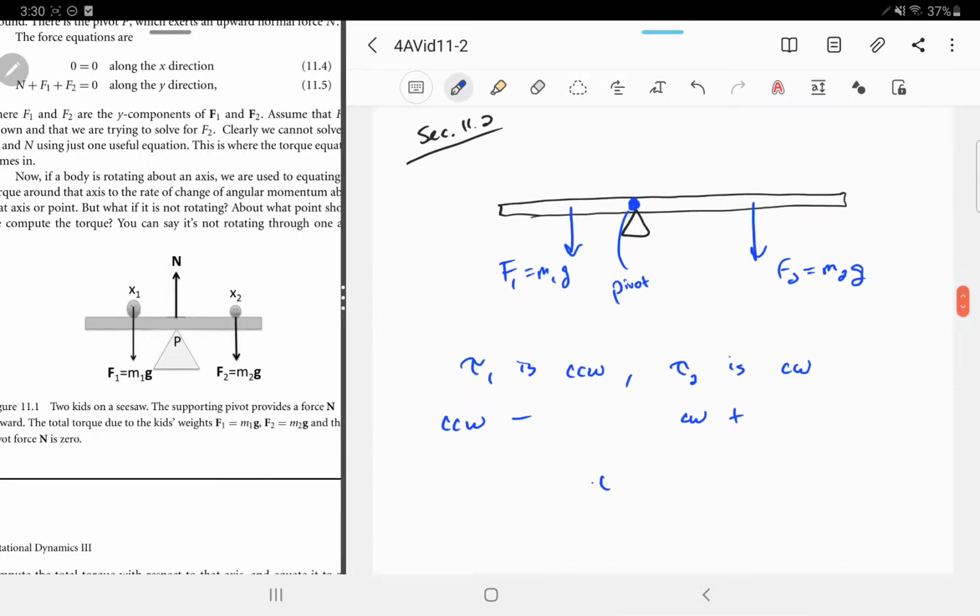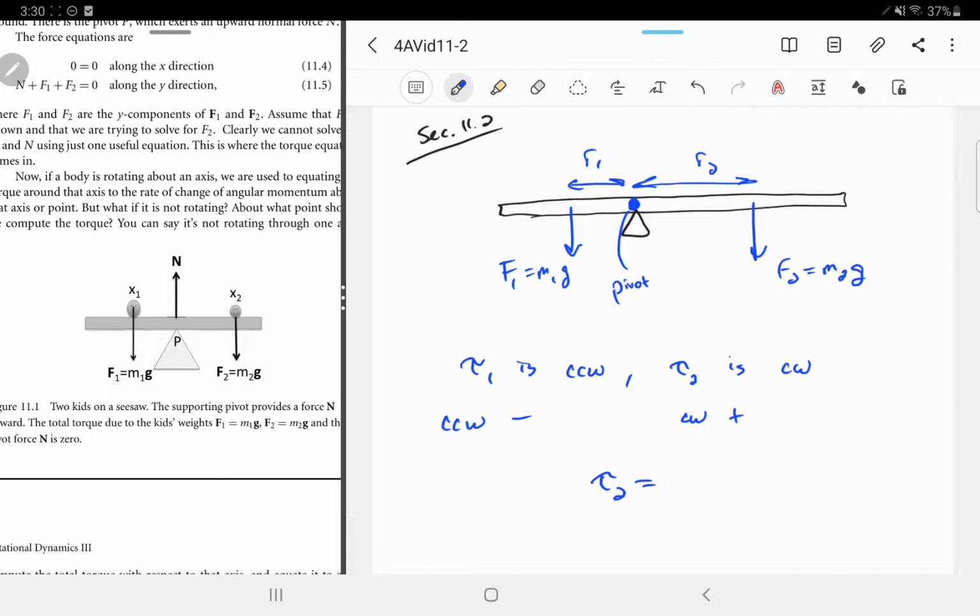So if that's the case, then tau 2 is F2 times this distance. We call this the moment arm. It's the perpendicular distance. If you drew a line of sight for the force, it's the minimum distance that line of force is to the pivot point. And that's called the moment arm. So this would be R2, and this is R1.